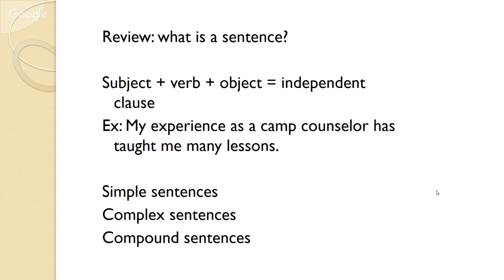Complex sentences are when you have the independent clause, the subject, verb, and object, with an additional dependent clause. And the dependent clause is one that's missing either the subject, the verb, or the object. So it's a fragment. It's not complete. But you can create complex sentences by attaching the dependent clause to the independent one.